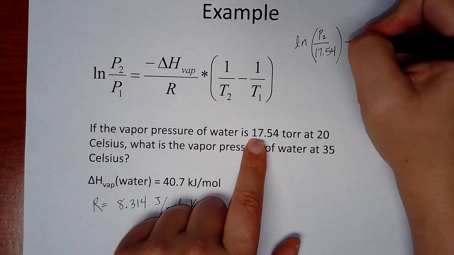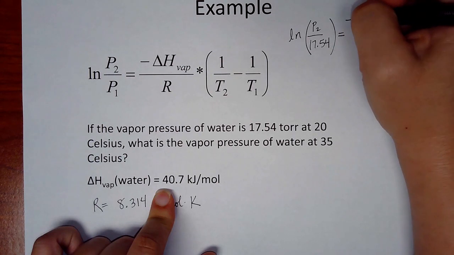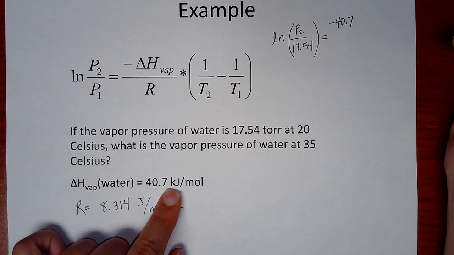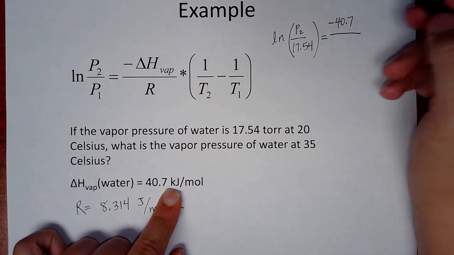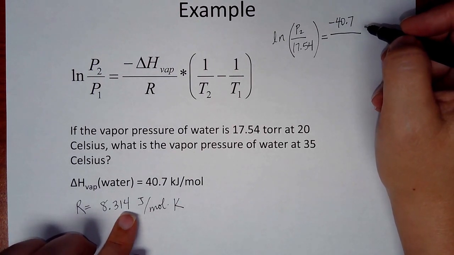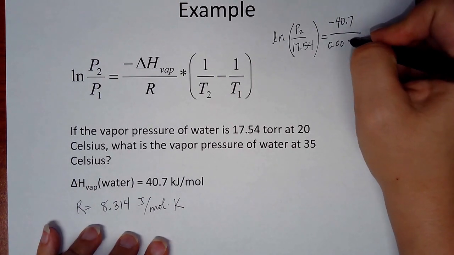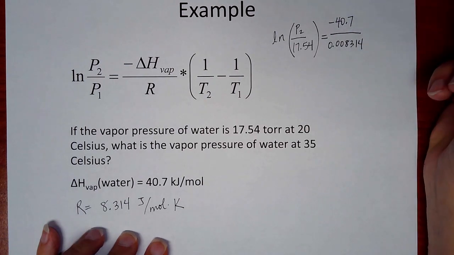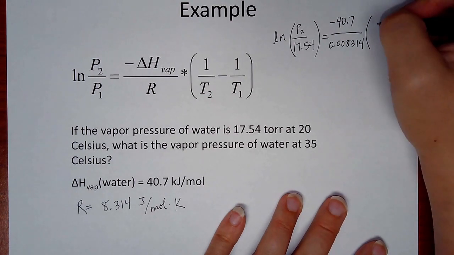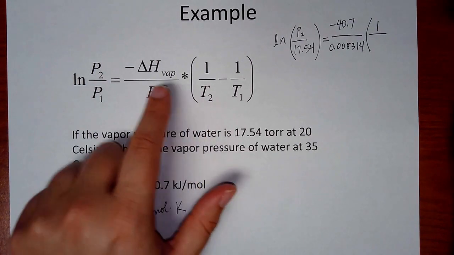Alright, then equals my delta H value, so negative 40.7. And notice this is kilojoules. So that means that I want my R value to also be in kilojoules. So we're going to move the decimal place over 3 places. 0.008314 is our value for R. Then times 1 over T2, which has to relate to P2.